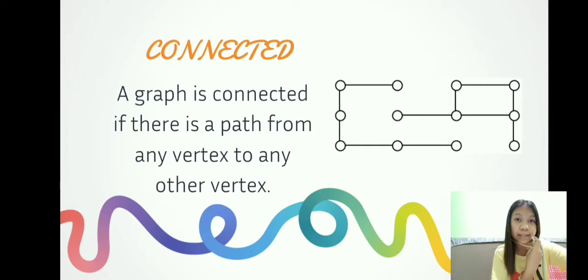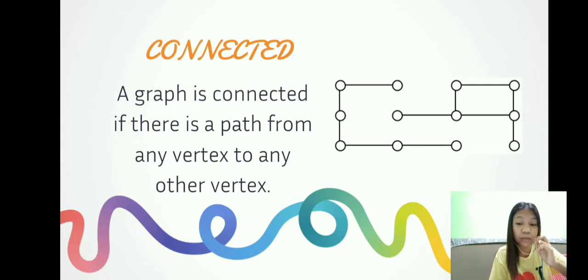Next, connected. A graph is connected if there is a path from any vertex to any other vertex. So every graph drawn so far has been connected. The graph on the right side is disconnected.